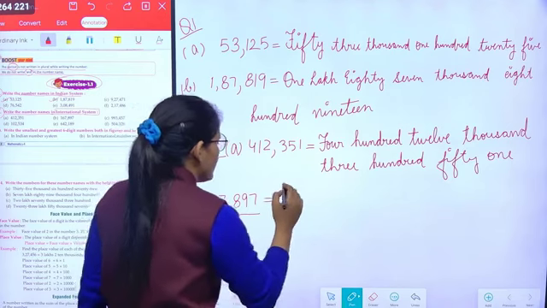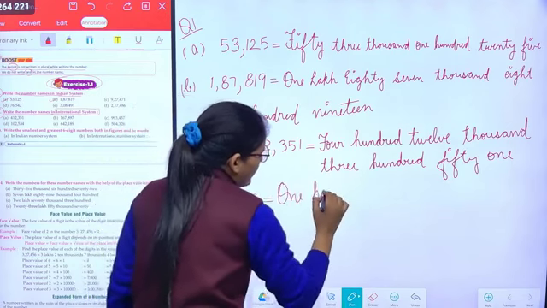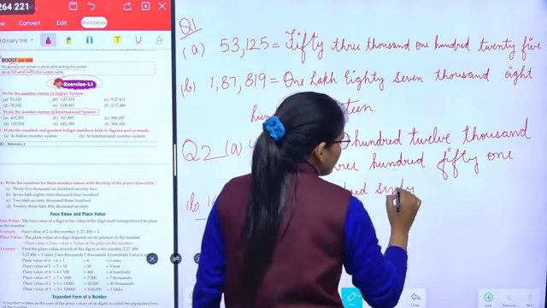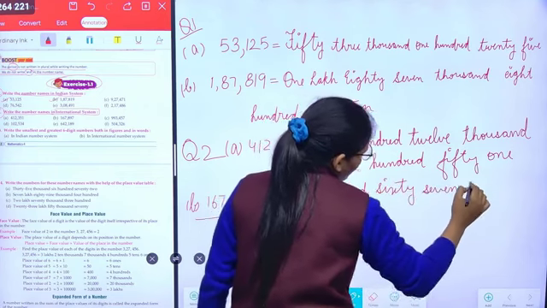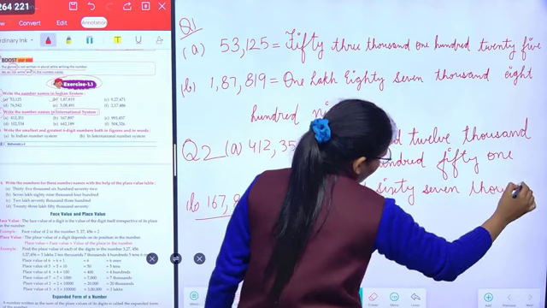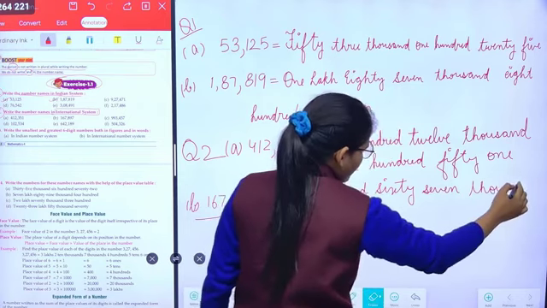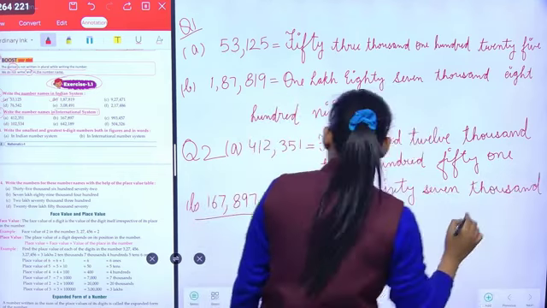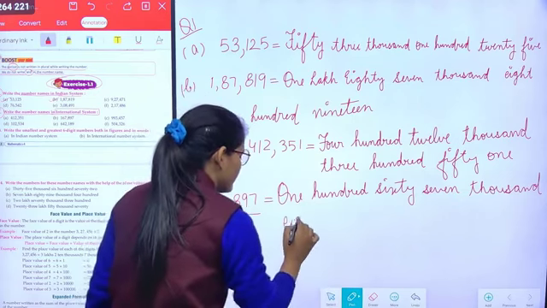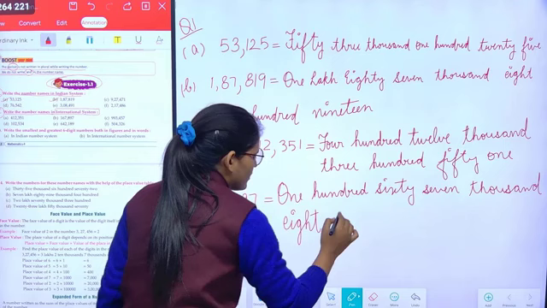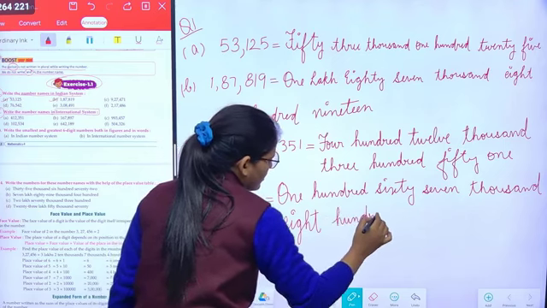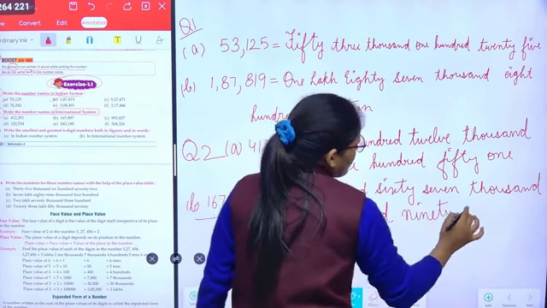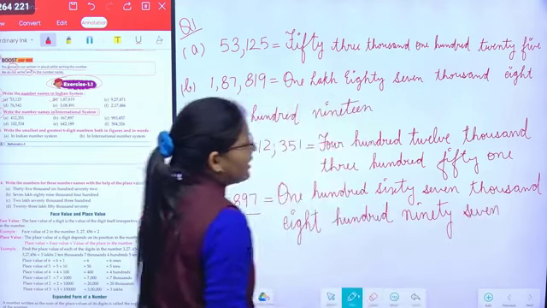Now B part, it is 167,897. Understand class?